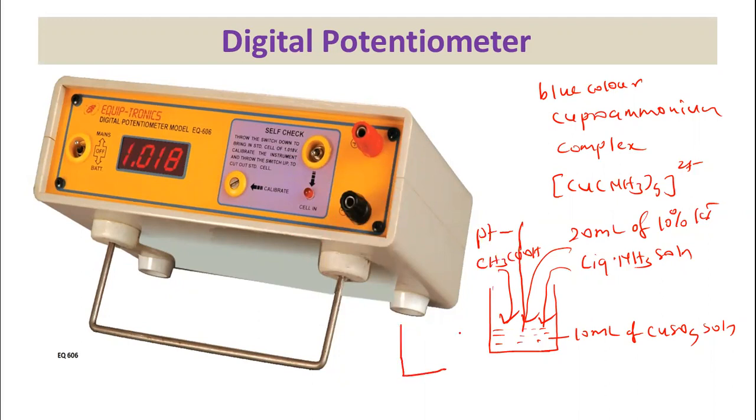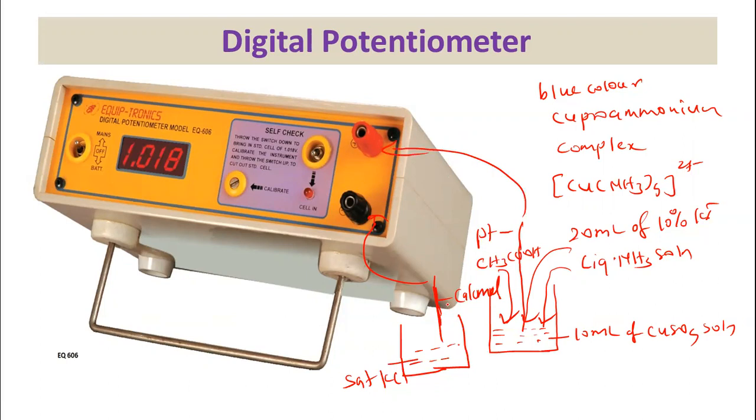Now we are constructing the calomel electrode and dipping it here. This is the calomel electrode. This calomel electrode is connected to the negative terminal of the potentiometer, and this platinum electrode is connected to the positive terminal of the potentiometer.